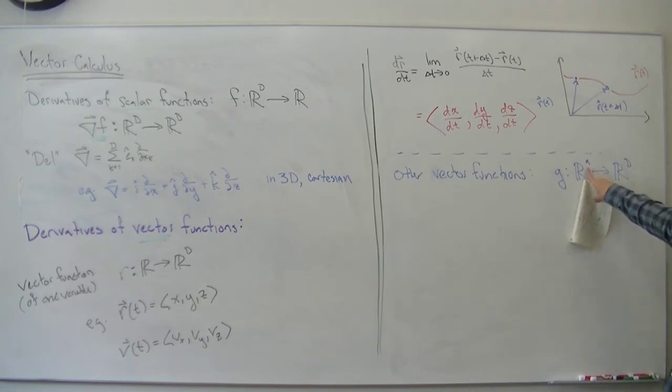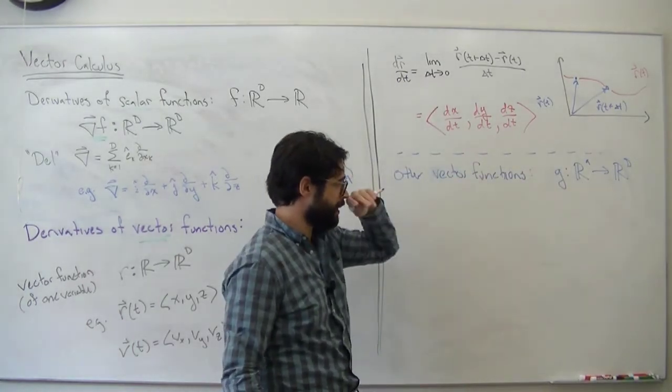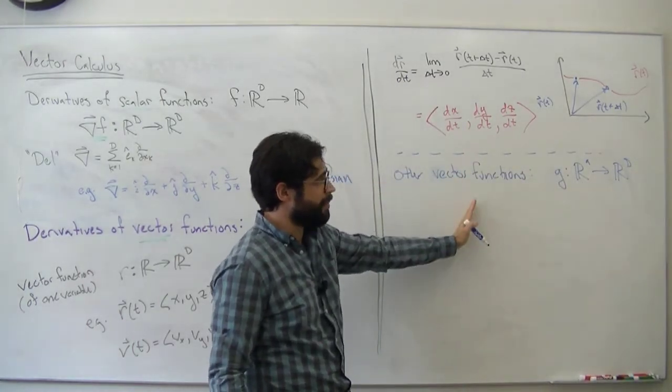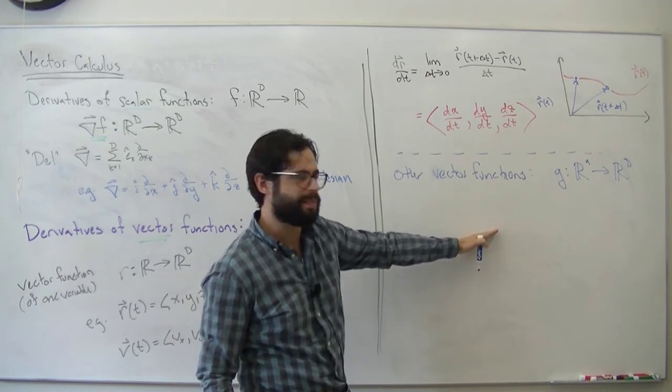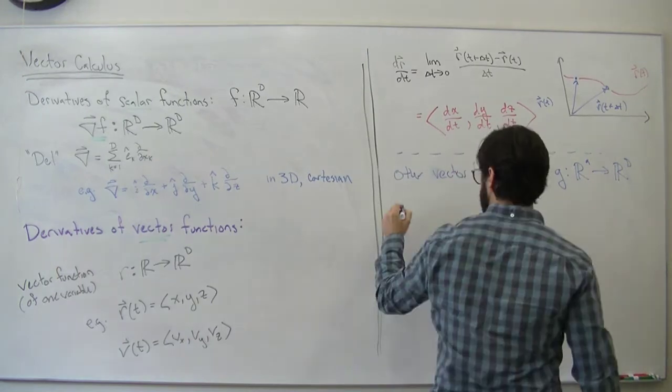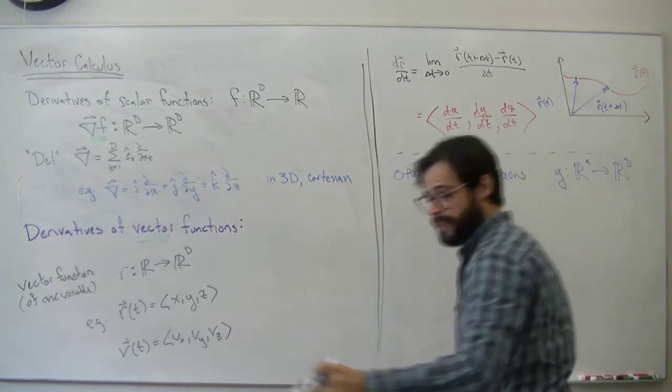So what we just did is the really easy case of A equals 1, right? So just one real number in, and then a vector comes out. It turns out in between 1 and D you have to treat on a case-by-case basis. What we'll talk about, because they're really important, are what are called vector fields.